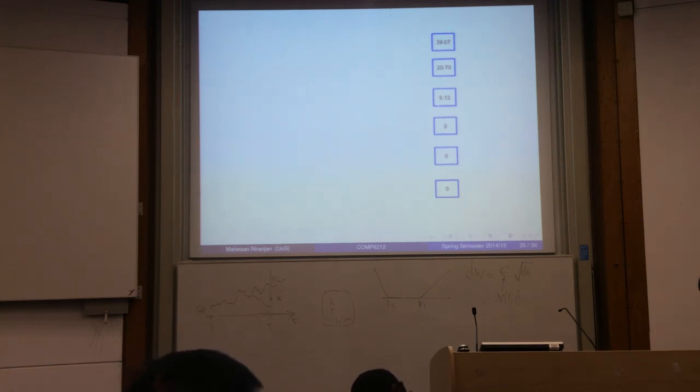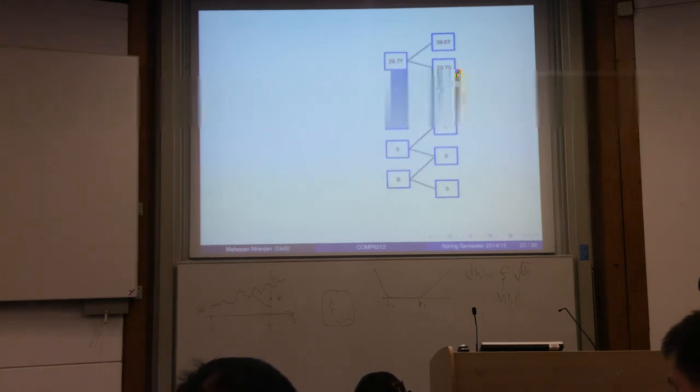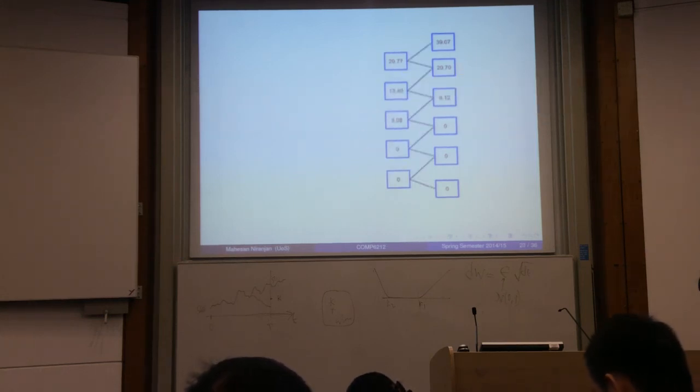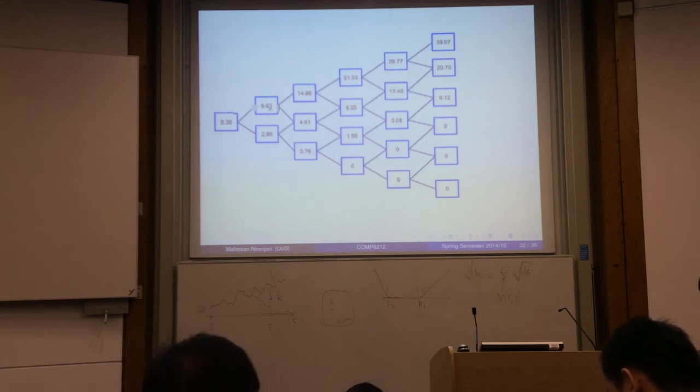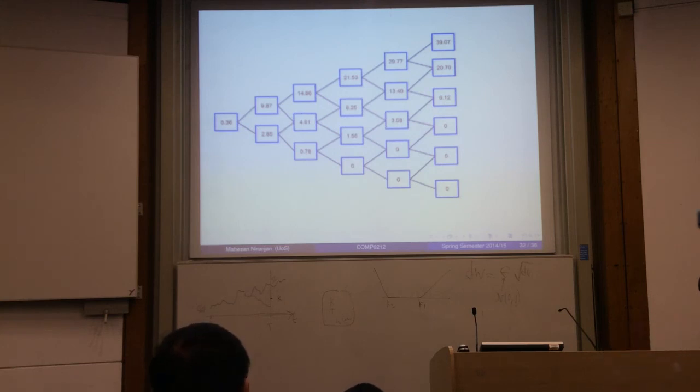It's worth this much, this much, this much here, and 0 here. And then I can work back. What might it have been before, and back, and derive the correct value for the option. So that lattice structure will be an approximation to the formal way of doing it under precisely the same assumptions. And we can calibrate.